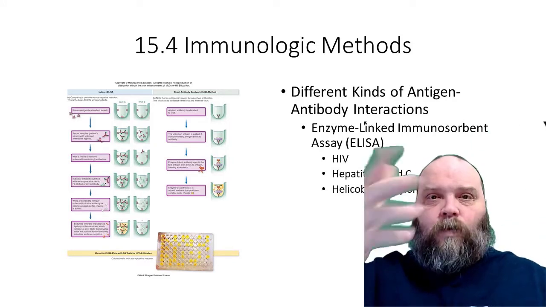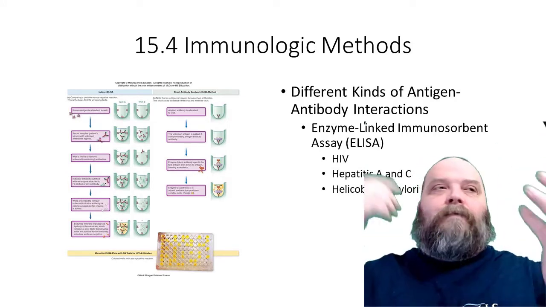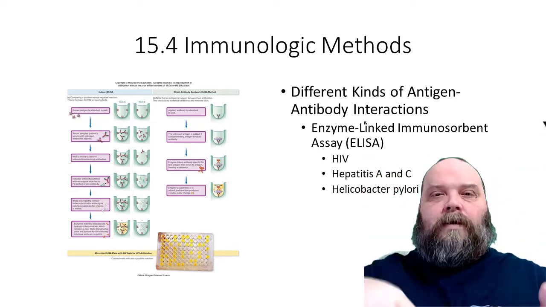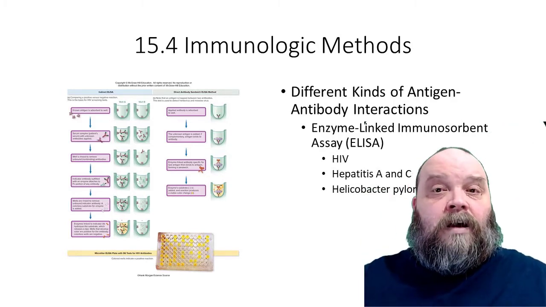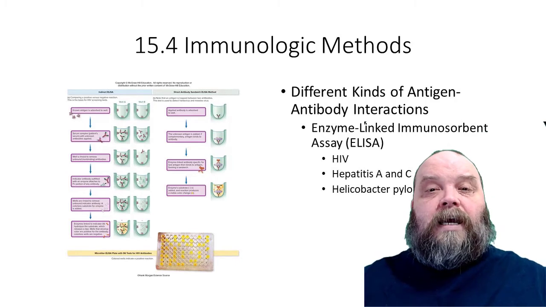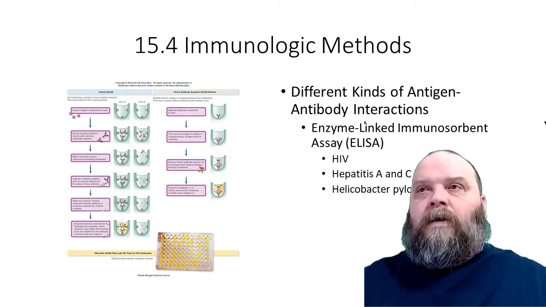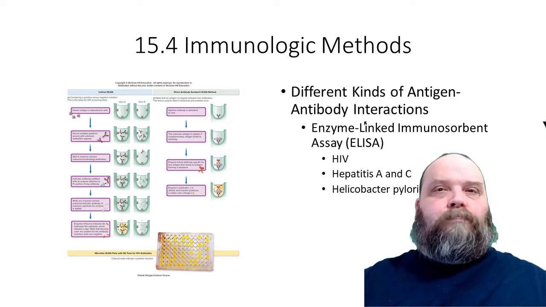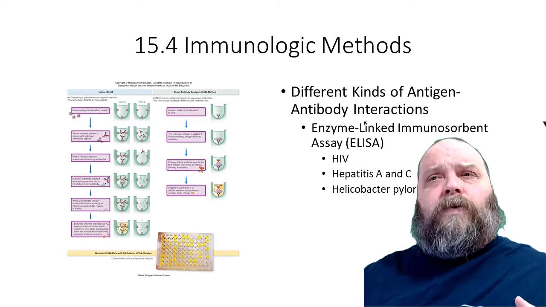Add in 1-2 drops from bottle A. Let that sit, dump out. Add in drops from B, blah, blah, blah, dump out. Add in final coloration solution, and then as it shows at the bottom there, look for yellow versus white, red versus clear, blue, whatever. So that's from the clinician standpoint.